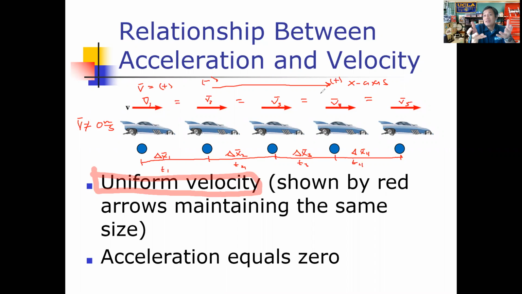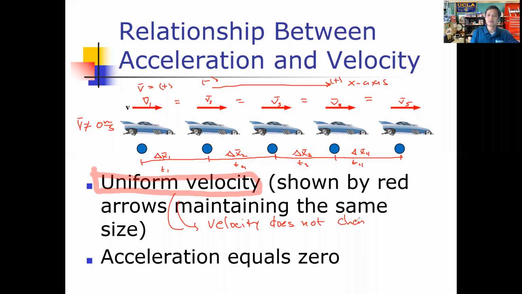Now, if an object has velocity of 0, does that mean that it has a uniform velocity? Absolutely, because the object is not changing its velocity. It's sitting in one place. Its velocity is 0, and it maintains that velocity through all the time intervals. Uniform velocity just simply means velocity does not change.